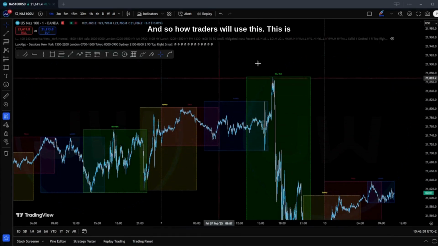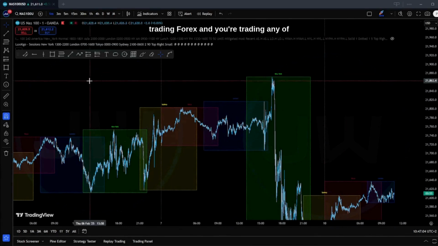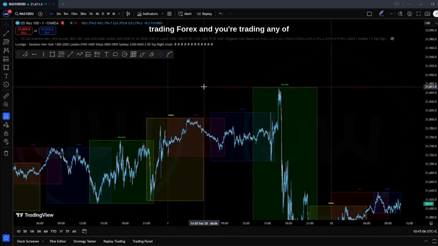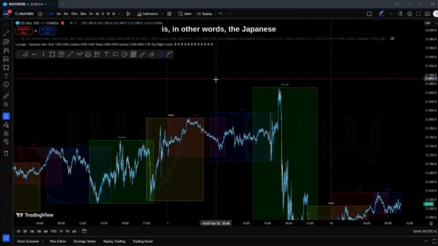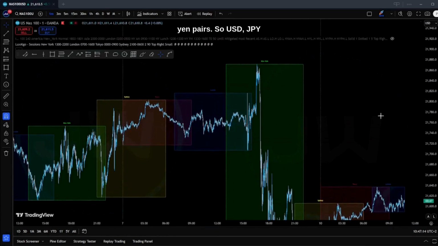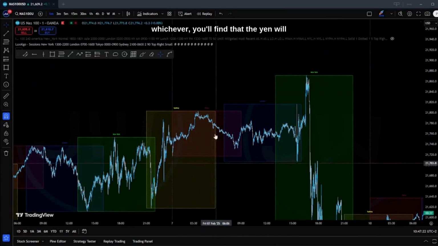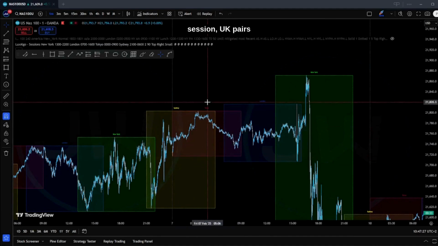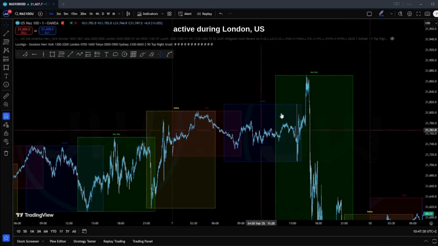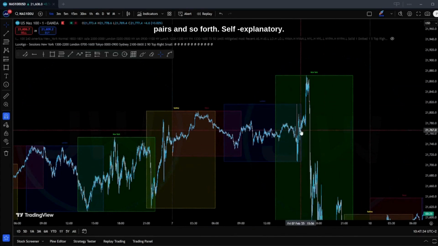And so how traders will use this is, if for example you're trading Forex and you're trading any of the JPY pairs, in other words the Japanese yen pairs, so USD JPY or CAD JPY, whichever, you'll find that the yen will be most active during the Tokyo session, UK pairs active during London, US pairs, and so forth.